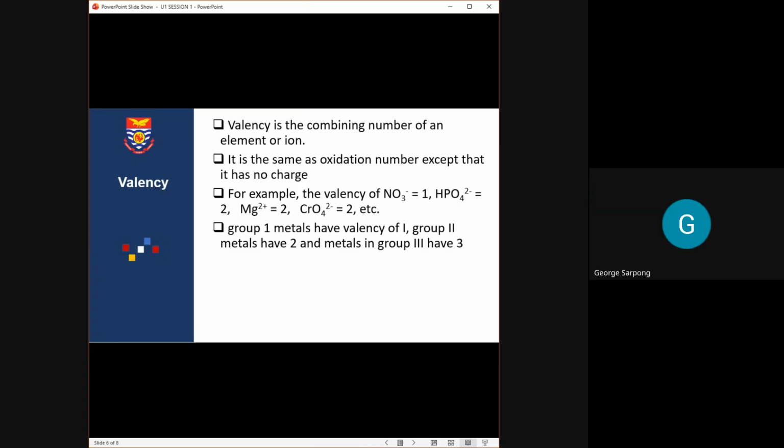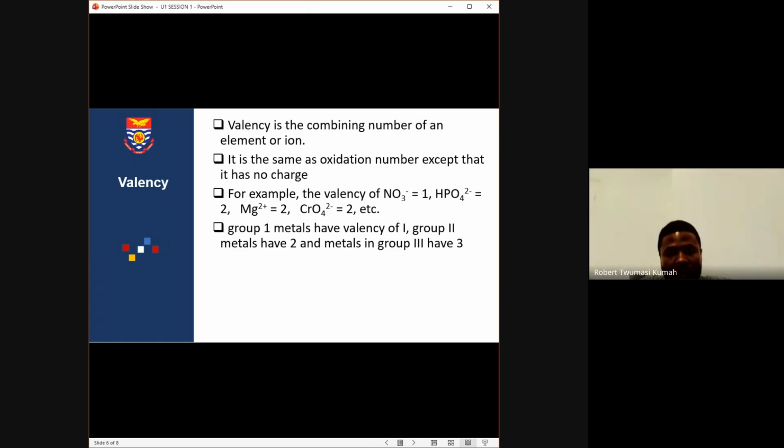I was thinking that he is asking about the difference between valency and oxidation state. But radical, I think, is an atom, a group of atoms chemically bonded together with a negative or a positive sign. Okay, bonded together with a charged unit.